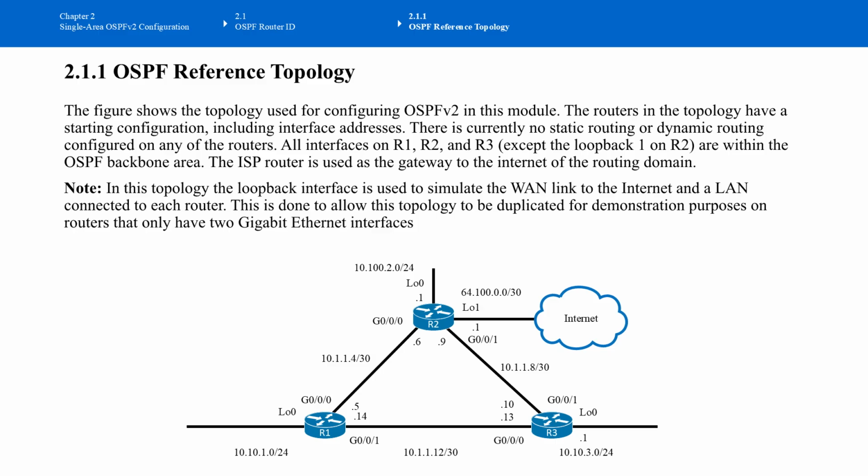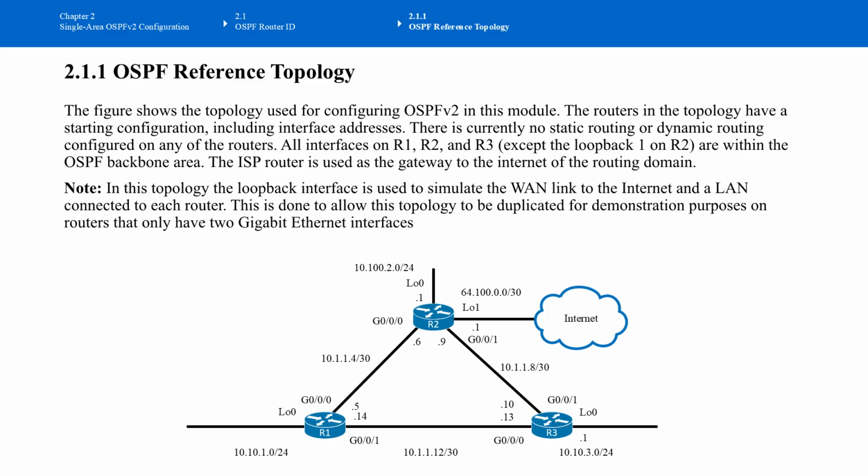R3 has loopback 0, 10.10.3.0/24, to simulate its local LAN. It connects to R1 over the 10.1.1.12/30 network, and to R2 over the 10.1.1.8/30 network.